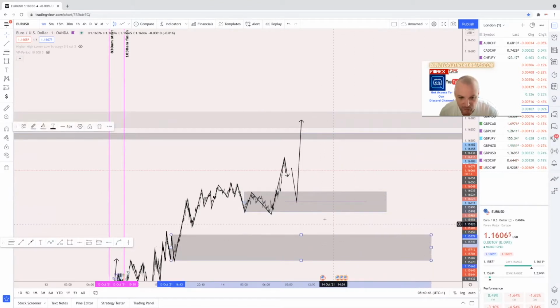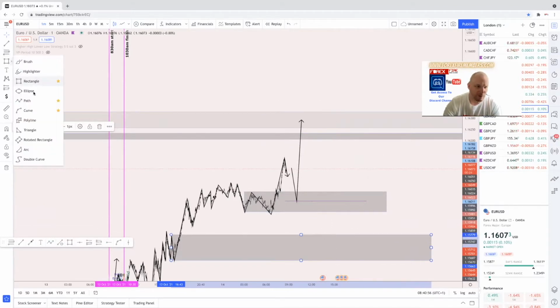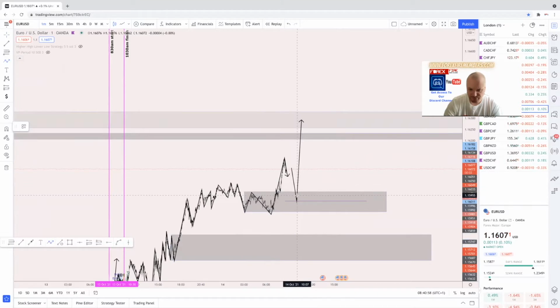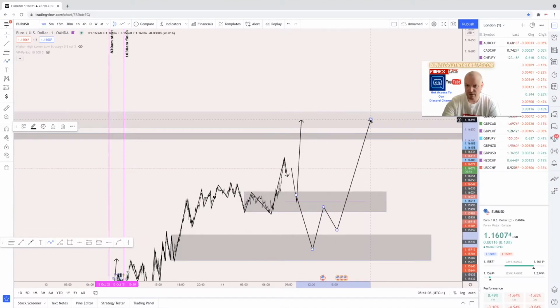Or we could get price come down, break out of here, test, come down to the lower side, and then take off. So my general bias for this morning, maybe something like that. Be one of those two movements.